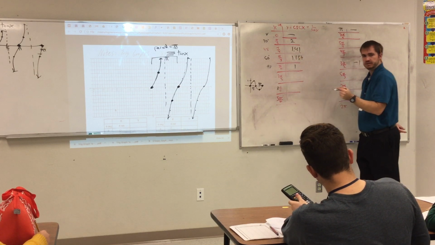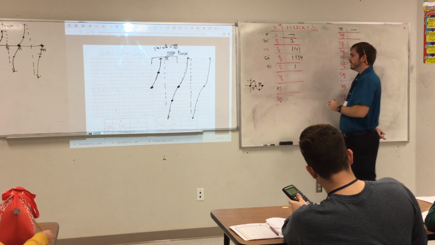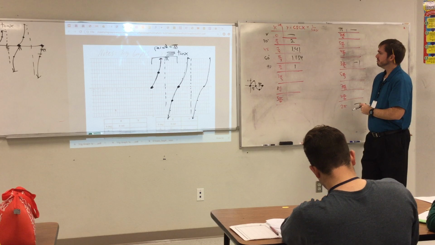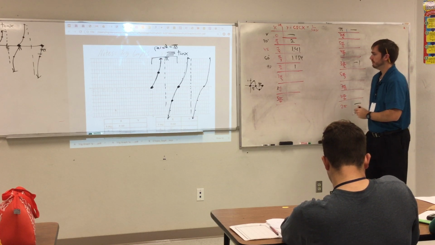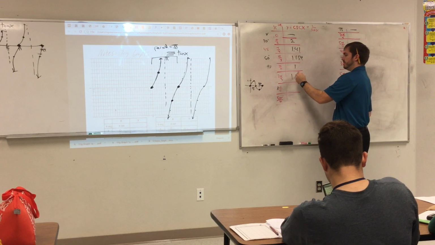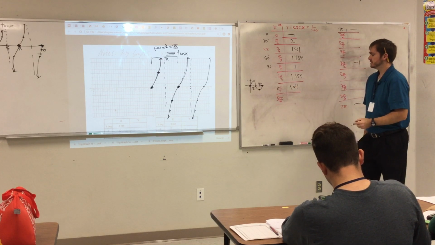We have validation on that? 1.1547. Okay, let's see what happens. What about 2 pi over 3? The same number as pi over 3, 1.1547. 3 pi over 4? 1.414. 5 pi over 6? 2.